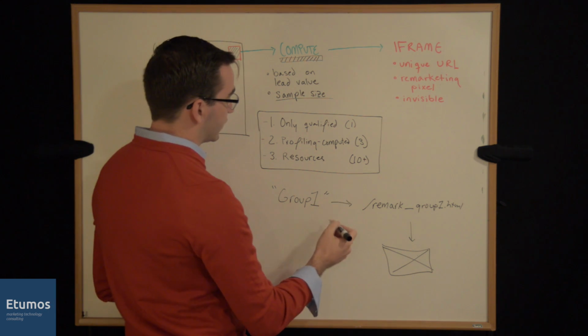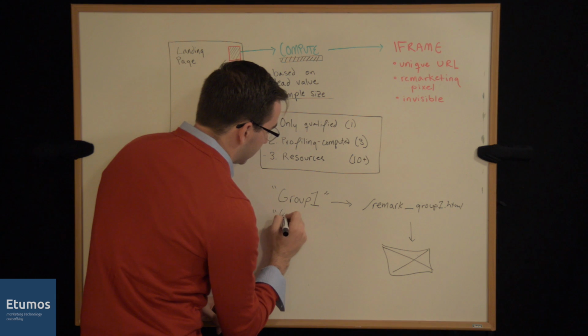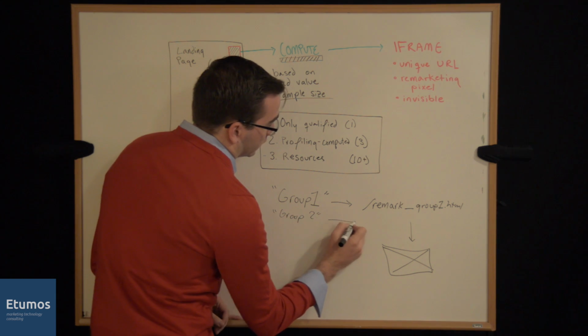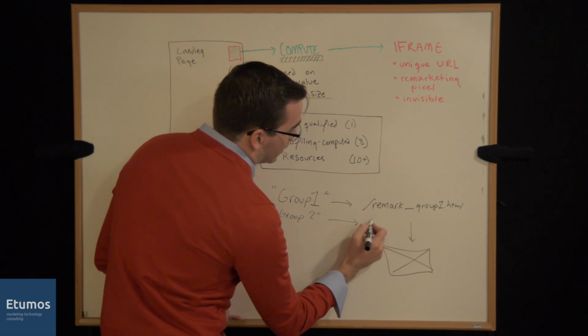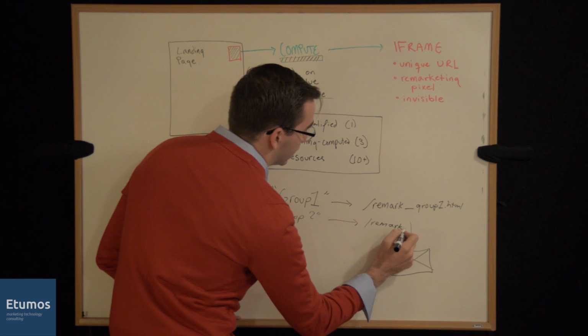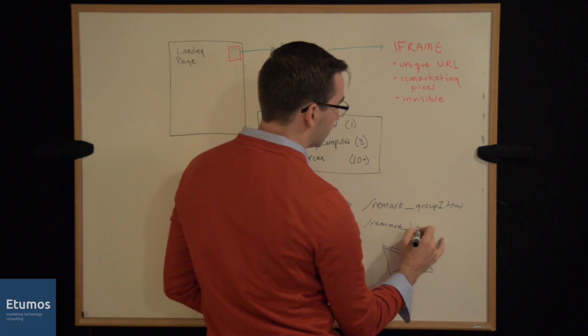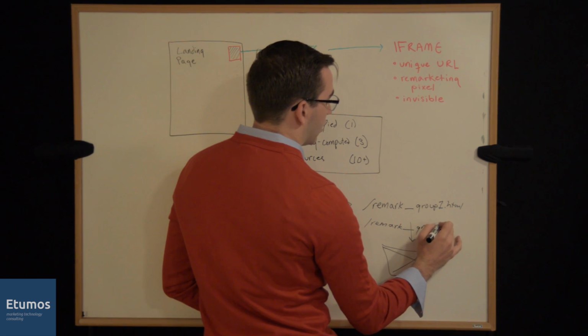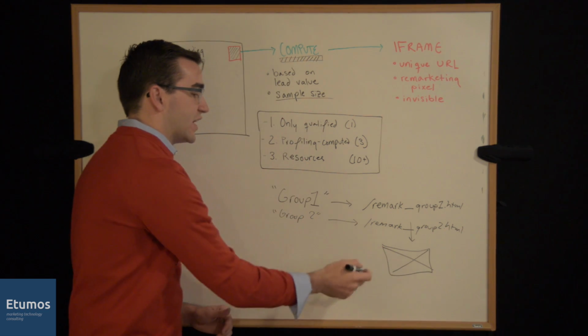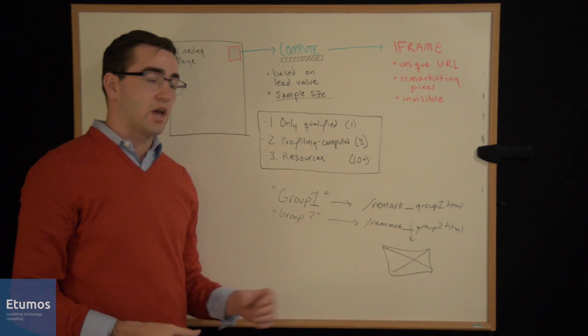And then you can just go through and fill out your specific campaigns in your vendor. You can say, following a certain nomenclature, which in this situation is remark underscore group 1, group 2, all the way through whatever you want, and then create the actual creative and promoted tweets and promoted posts.